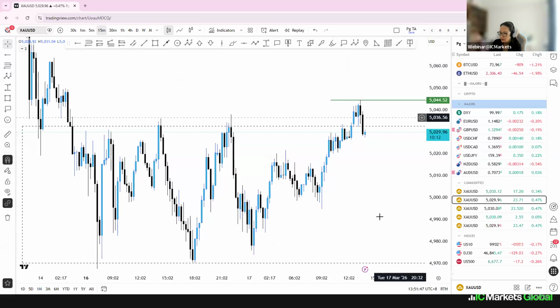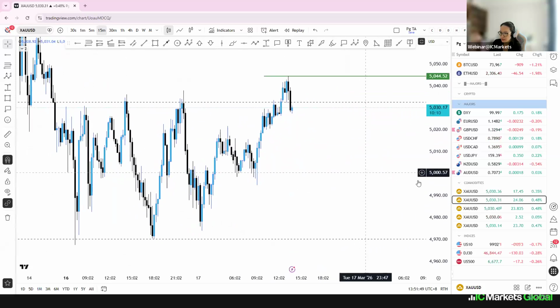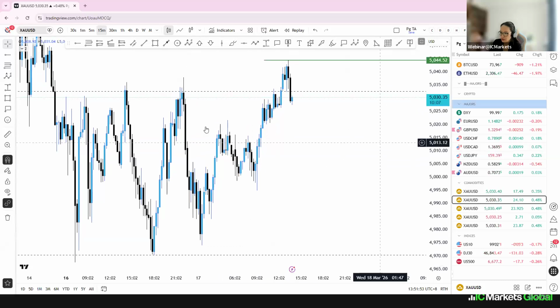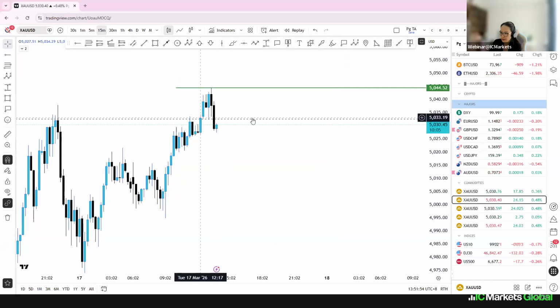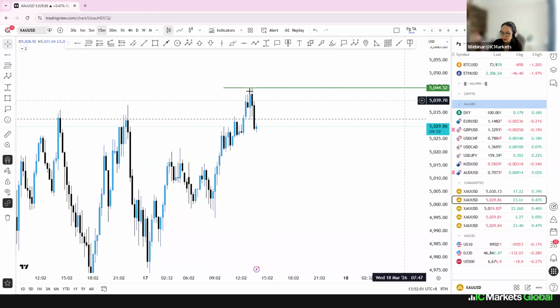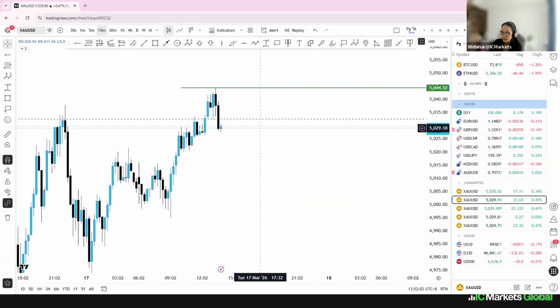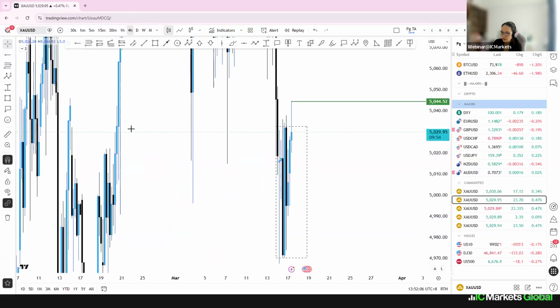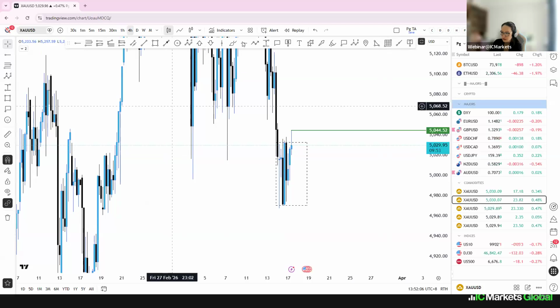Remember, I told you that on M15 price is a breakout. Let's say you break out here. If you follow the buy, you're going to buy here, and then your TP maybe you aim for like 5040. You need to take profit. Then just now I said that this is the key level, on the lower time frame, which is the resistance somewhere around here.